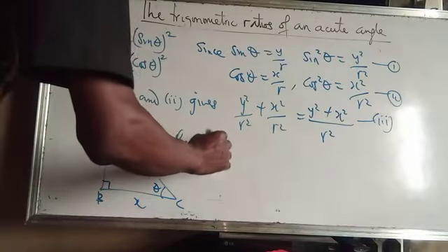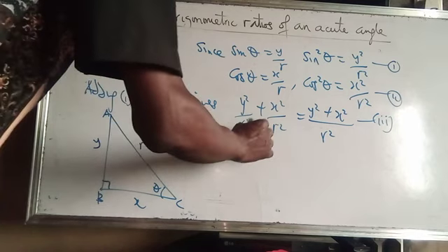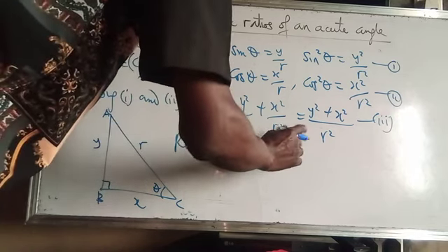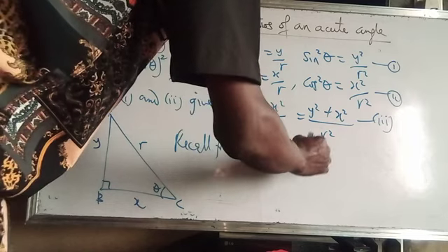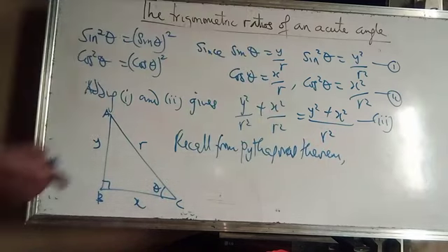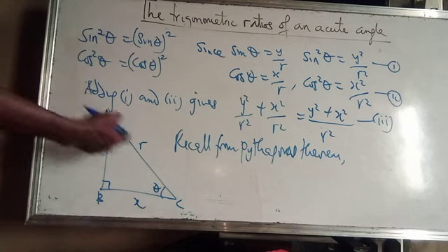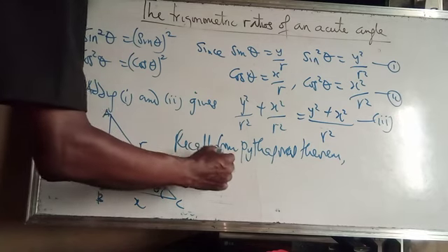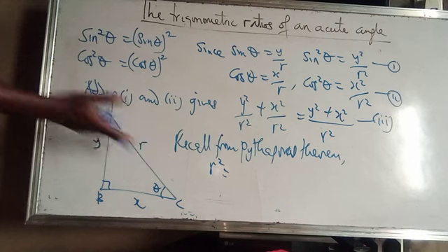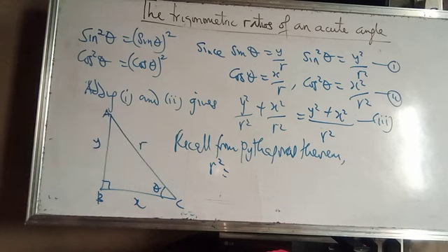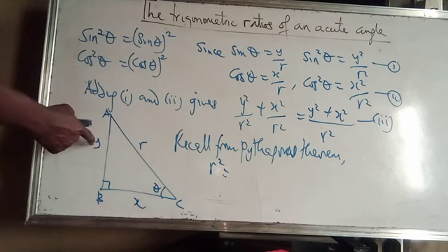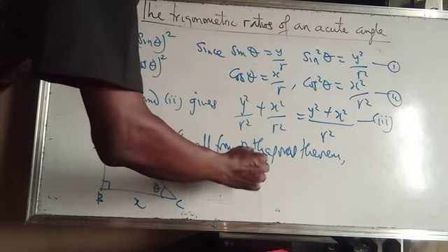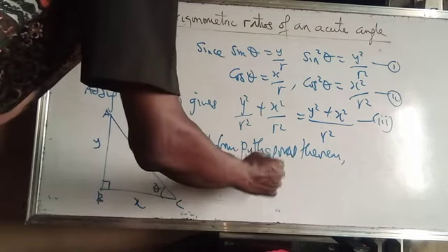Recall from Pythagoras theorem that the square of the hypotenuse, that is r squared, because the hypotenuse is always the longest side in a right angle triangle, is equal to the sum of the squares of the other two sides, that is y squared plus x squared.